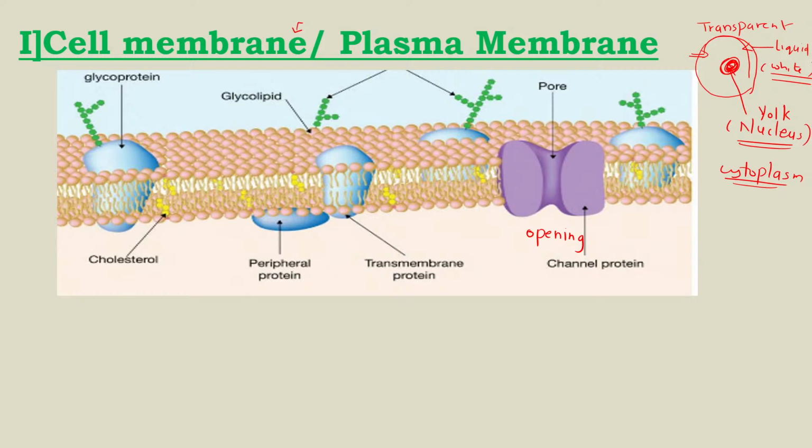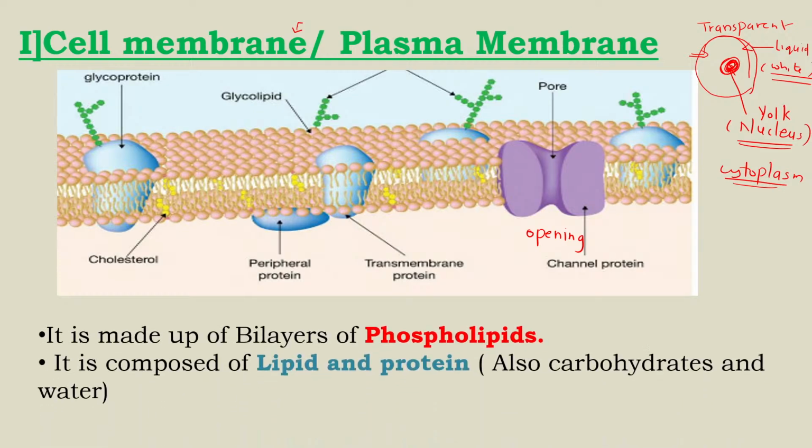Similarly, the cell membrane contains pores which help in the entry of substances inside and outside the cell. This layer is made up of bilayers of phospholipid. These are lipids, and the head is like this. So these are the lipid layers, fat layers. It has a head region and a tail region.